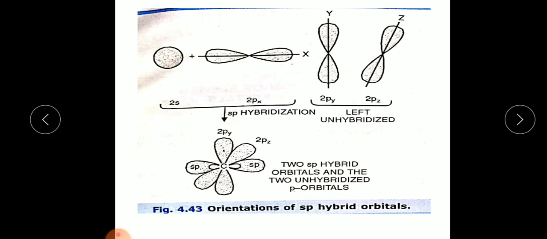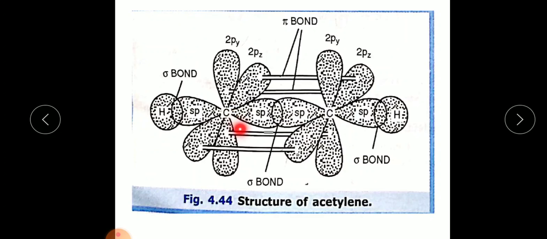This is for carbon number 1, because in acetylene we have two carbon atoms and both are similar in nature. So carbon number 2 also has the same kind of hybrid orbitals, and py and pz. We have sp hybrid orbitals on carbon number 1, and for the second carbon atom also the same.